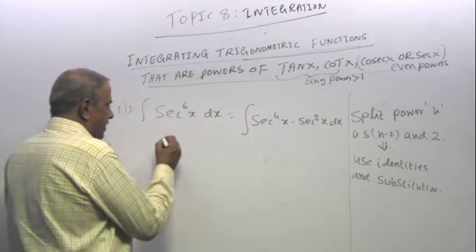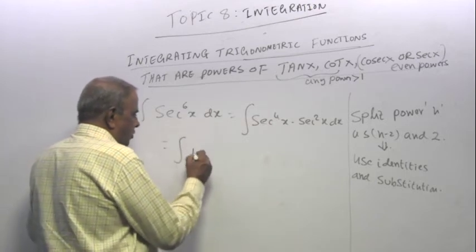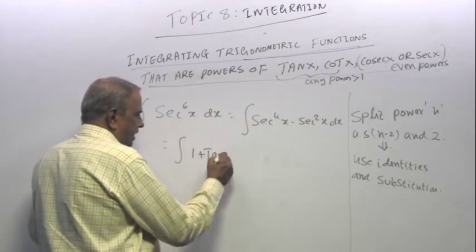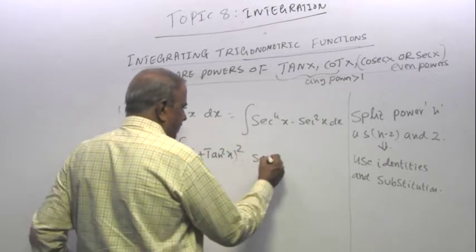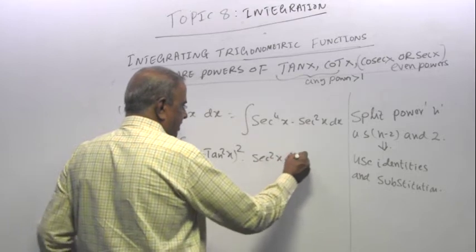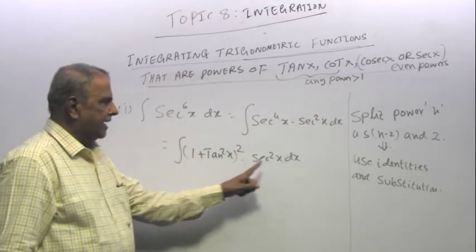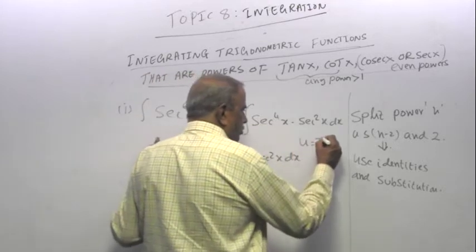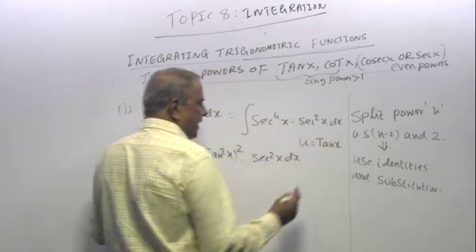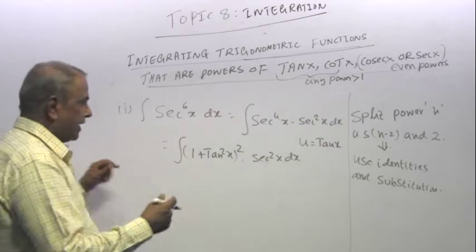Coming back to this, it is integral of (1 plus tan squared x) the whole squared times sec squared x dx. Now when I differentiate tan, I get sec squared. Of course, I will leave it to you to use u equal to tan x and arrive at the answer, which I am going to arrive at by inspection.